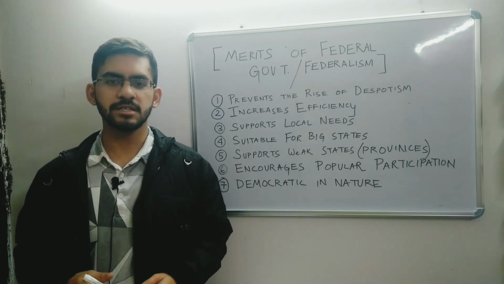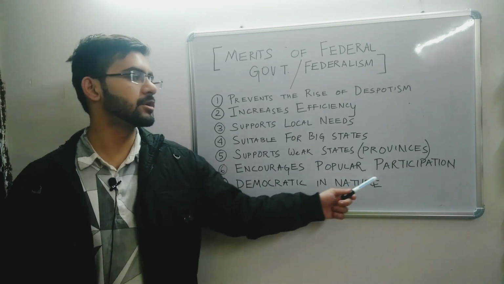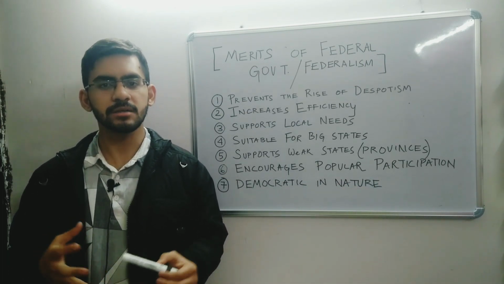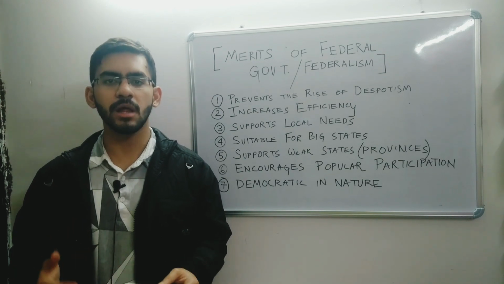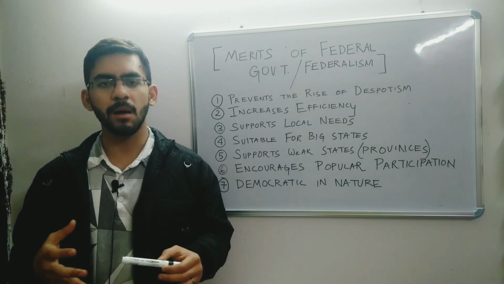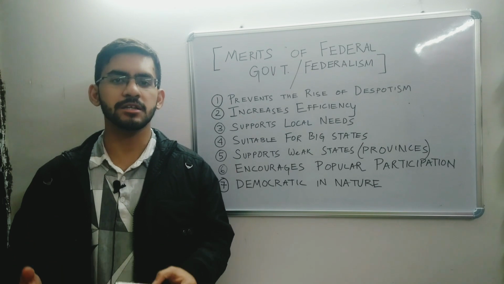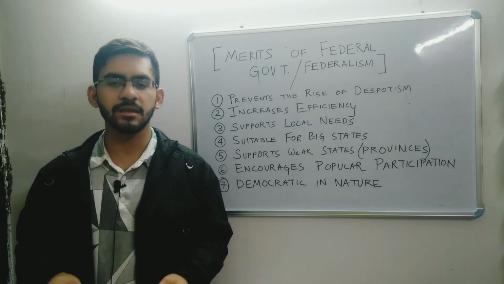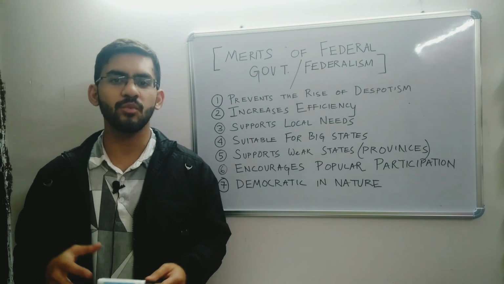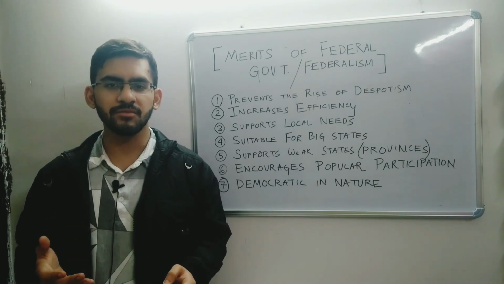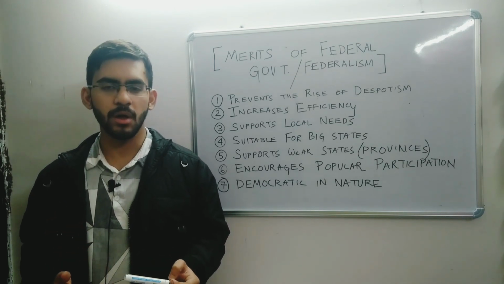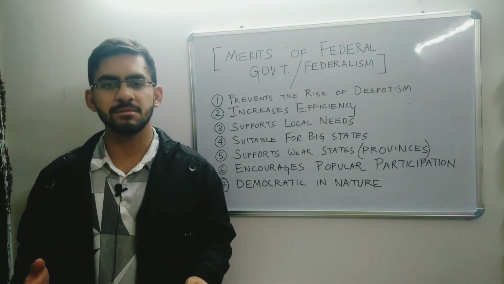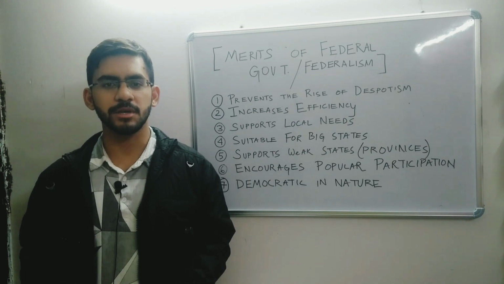A federal system also encourages popular participation because there are 2 sets of governments at work, and therefore more and more people will become aware and directly participate in the political process. So unlike a unitary system where there is only one set of government and therefore a lesser scope of participating in the political process, the federal system allows for greater participation.